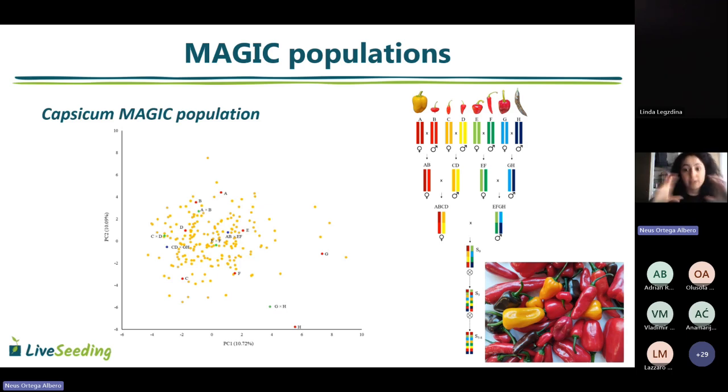They embed all the parental variability, and you can see that some points are very far from the first cloud. It's interesting because some lines are showing heterosis, different characteristics from the parental lines.